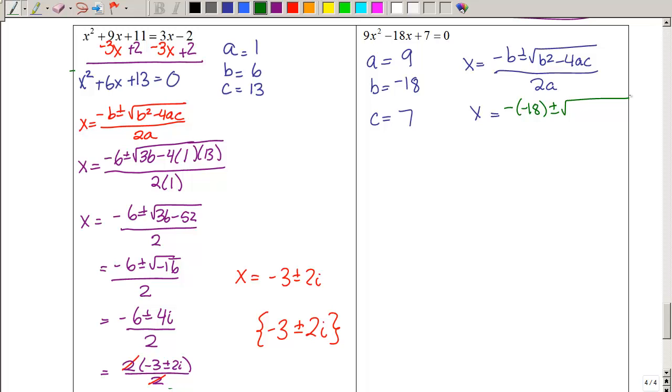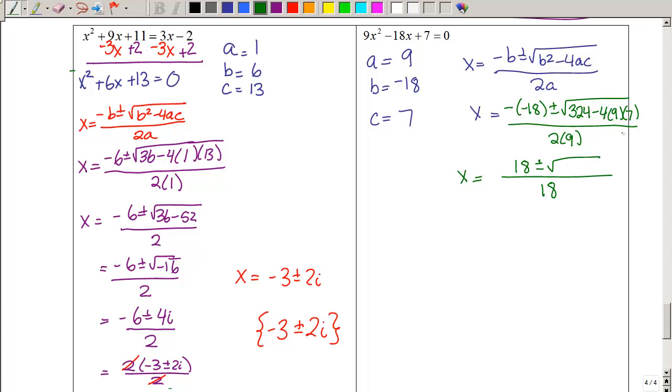Plus or minus the square root of b squared. Negative 18 squared is positive 324. Minus 4 times a, which is 9, times c, which is 7, all over 2 times a, which is 9. So the opposite of negative 18, like we said earlier, was positive 18, plus or minus the square root.